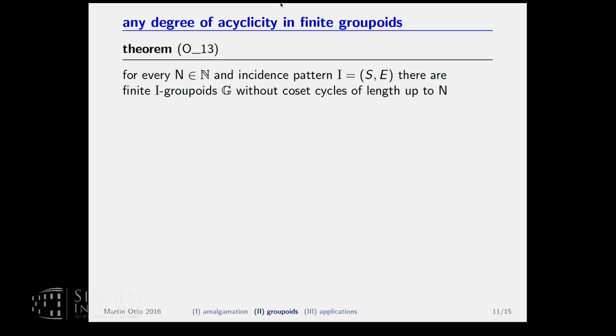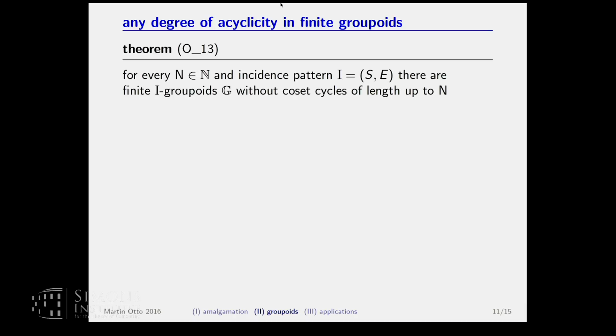And for the rest of this talk, I just have to give you a quick run through of the results that can be obtained in this direction in terms of existence of such nicely behaved finite groupoids, and a very brief glimpse of different uses that have already been made of this.